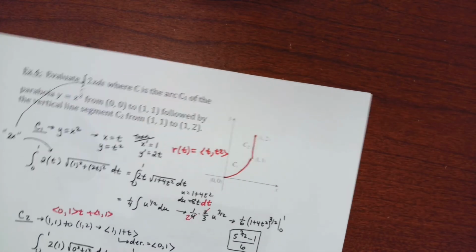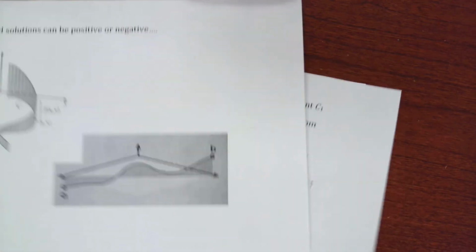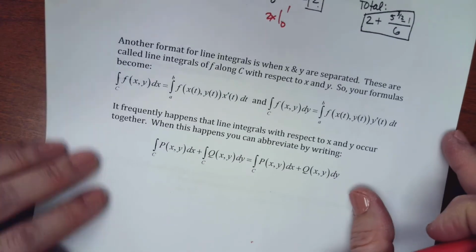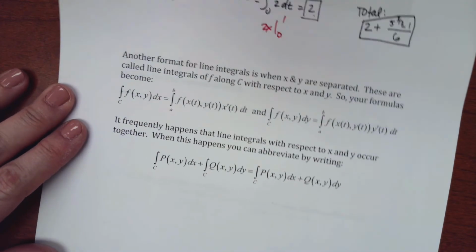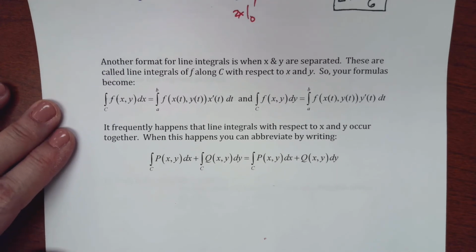All right, I'll just introduce this next little part and then we'll see. All right, so another format for line integrals is when x and y are separated. These are called line integrals of your function f along c with respect to x and y. So your formulas now become this.